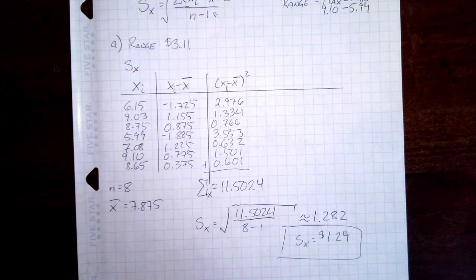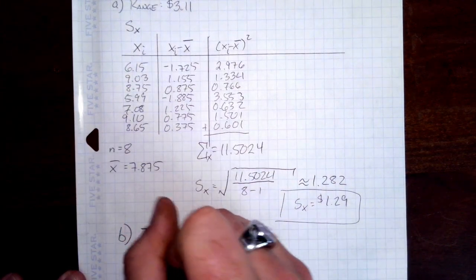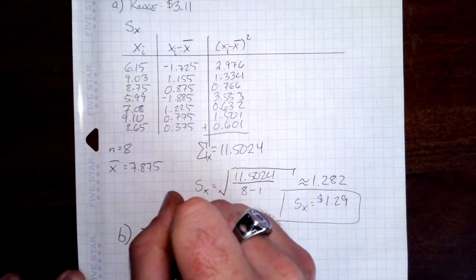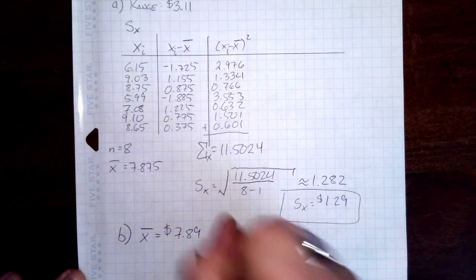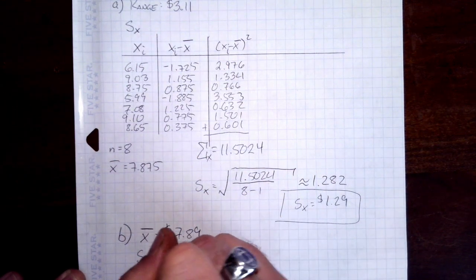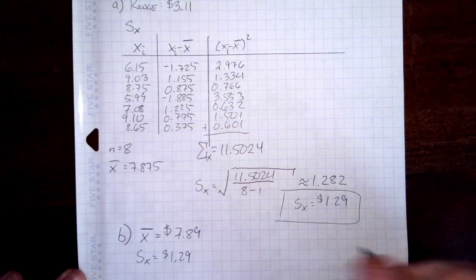Part B, we just wanted to find what the most typical price was. So our mean, since we are now dealing with the money part of this, let's call that $7.89. Our standard deviation is about $1.29.